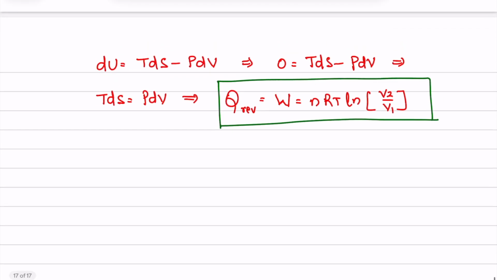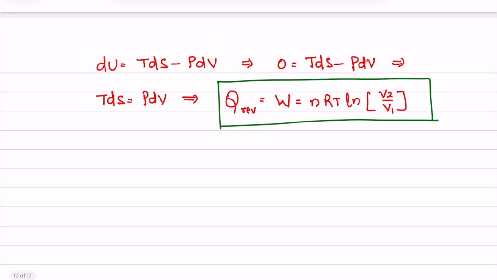Now, let us consider the isochoric process. What happens? Volume is constant. Next is isochoric. dU is equal to TdS minus PdV.